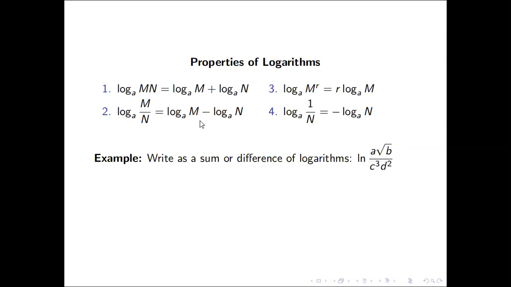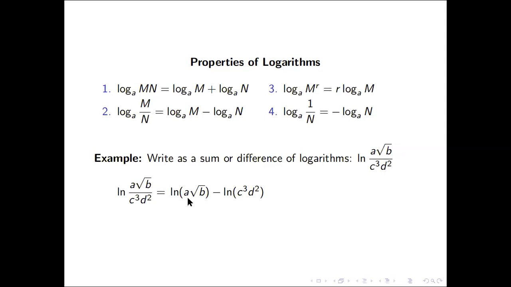To be able to do that, we need to apply one or several of the properties given. So let's proceed. We see a quotient, so we apply number 2. We have this: ln of the numerator minus ln of the denominator. And then we need property 1.